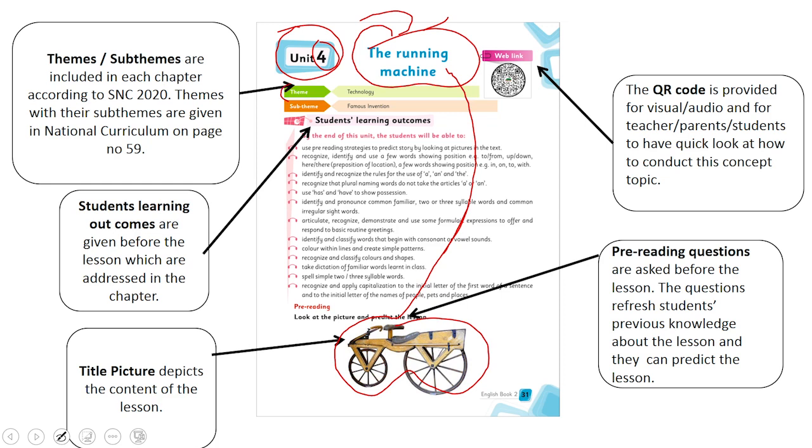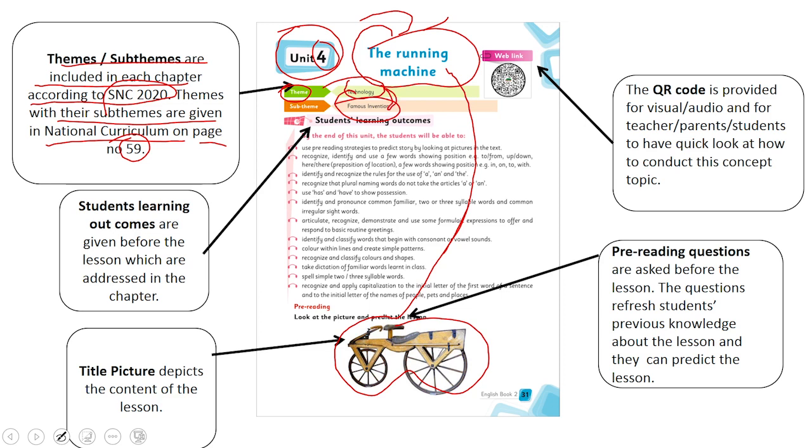Themes and sub-themes are included in each chapter according to SNC 2020. Themes with their sub-themes are given in the National Curriculum on page number 59. If you look at the theme and sub-theme, they are related to each other. For example, famous invention. Yes, bicycle is also a famous invention.